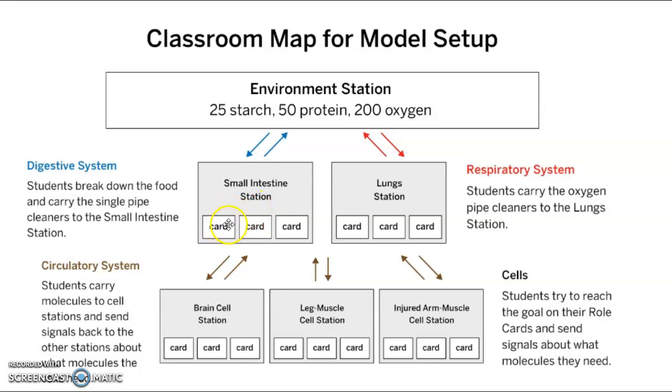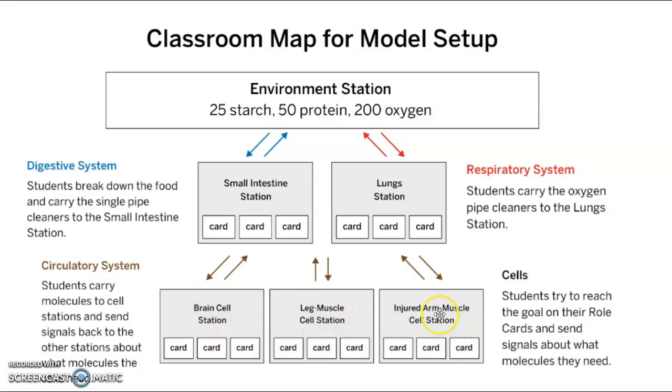At the small intestine station, they will have to pass it through the cards that are at the station, and then those molecules can be passed to the circulatory system, and the circulatory system passes them to the cells at the end.